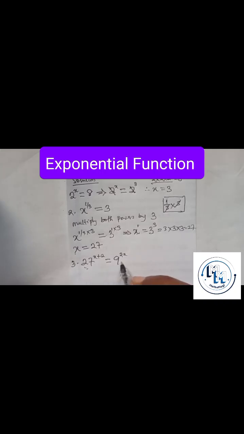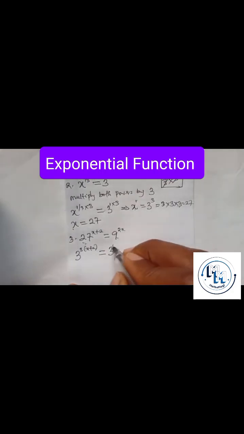First of all, I will ask myself, what recurrent number will give me 27? That is 3. We multiply 3 into 3 places. That's 27 here. Then I'm going to have 3 power 3, multiplying x plus 2.